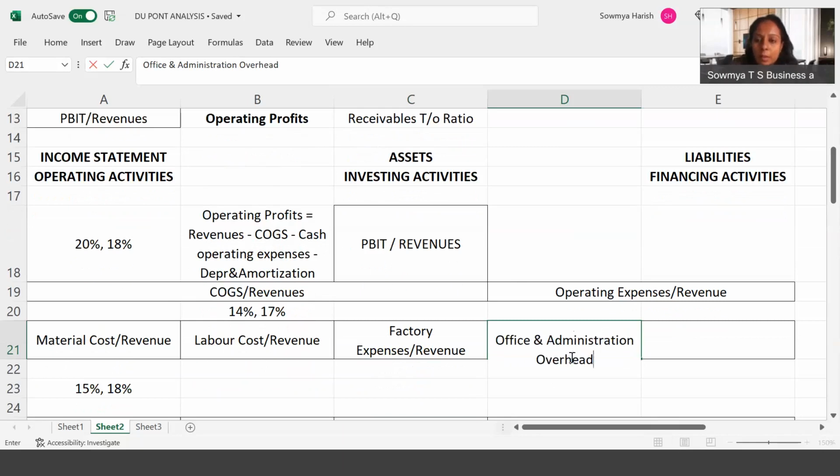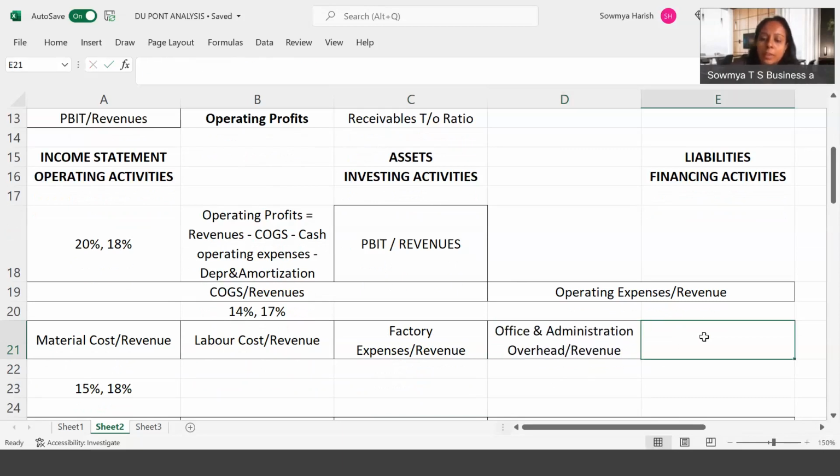This we will study in relation to the revenue. Similarly, then we have selling and distribution overheads divided by revenue.